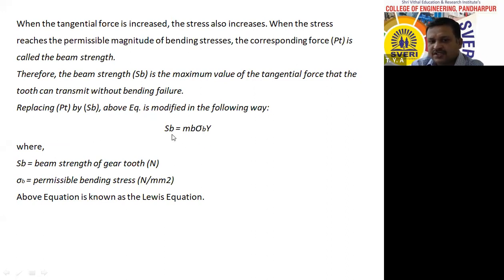Here S_B is the beam strength, m is the module, b is the face width, sigma_b is the bending stress, and y is the Levy's form factor.